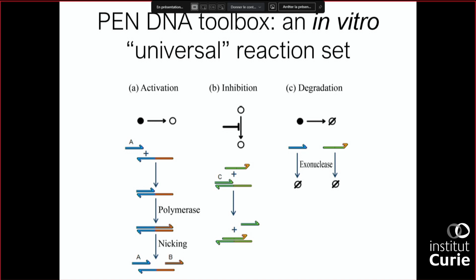For gene regulation, input and output were genes. So here we want input and output to be chemically similar, but the input to regulate the activation of the output. So here we're going to go a little bit into basic biochemistry and DNA biochemistry. I mentioned previously the existence of polymerase, enzymes that can copy DNA.